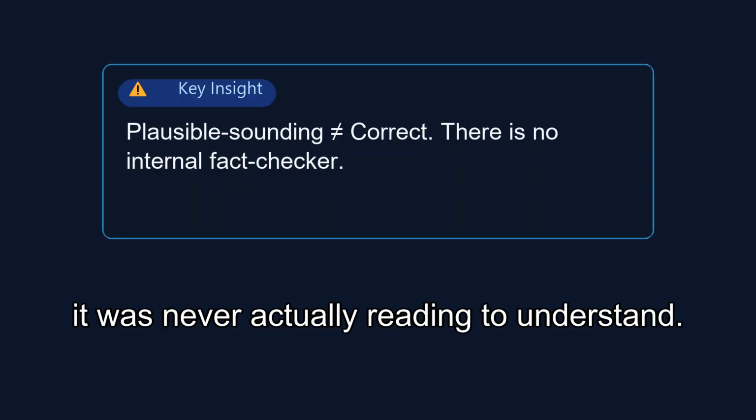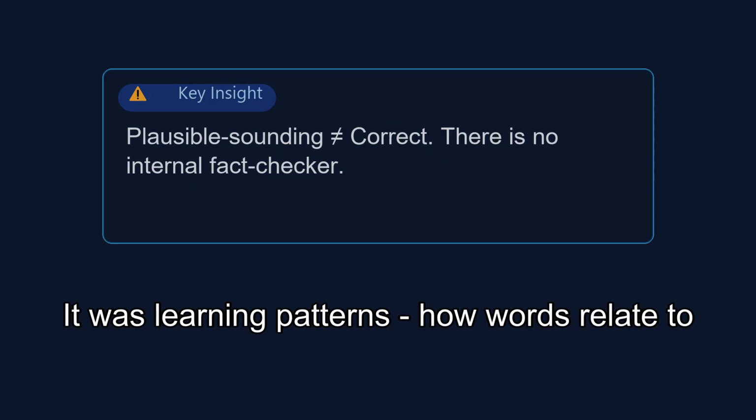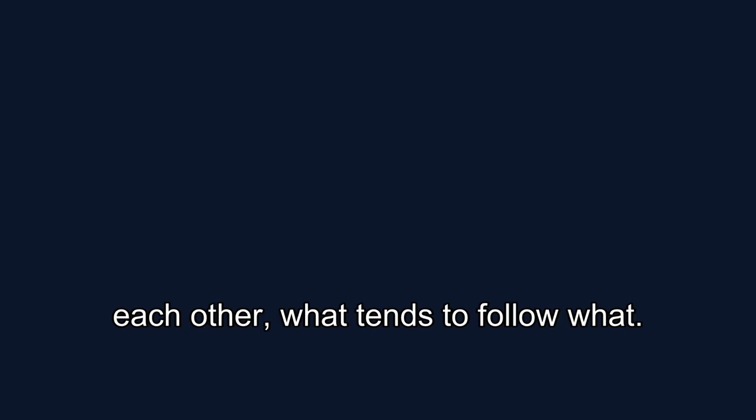It is a bit, which brings me to, go on, ask it. Okay, if it has read everything, why does it get things wrong? Because it was never actually reading to understand. It was learning patterns. How words relate to each other, what tends to follow what. When it gives you a wrong answer, it is not lying, and it is not confused.